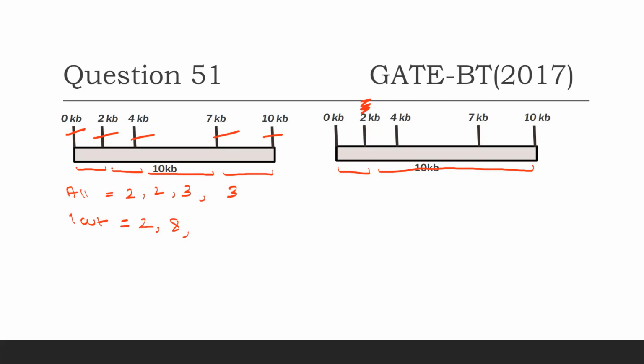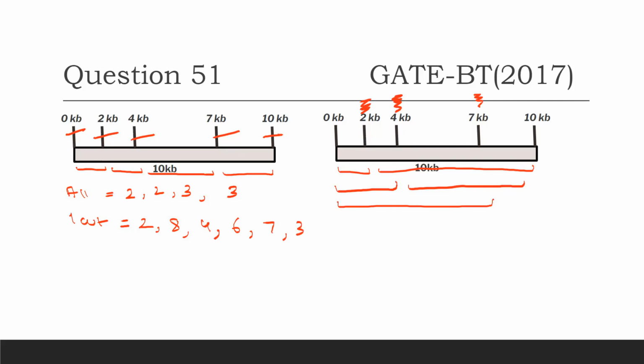In a few, the second restriction site will be the one which is cut. So you get a 4 kb fragment and a 6 kb fragment. In a few, the third restriction site is what will be cut. So you get a 7 kb fragment and a 3 kb fragment.